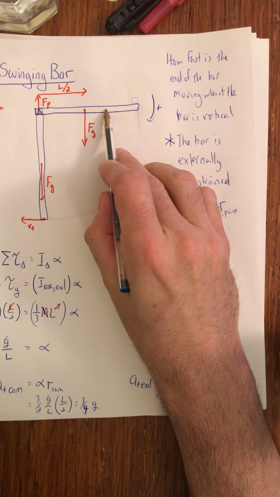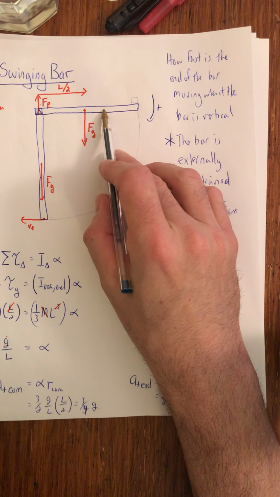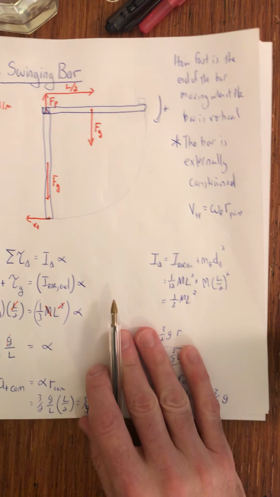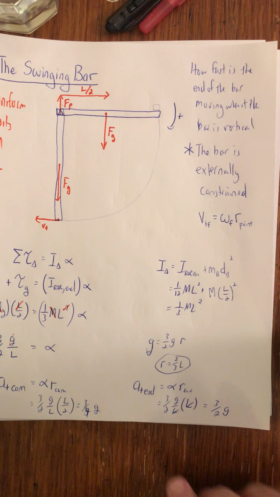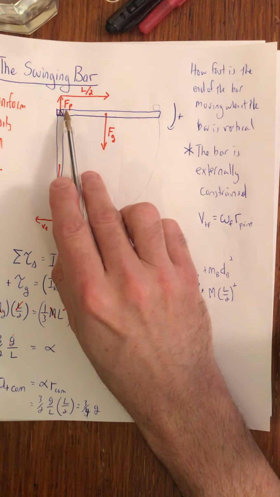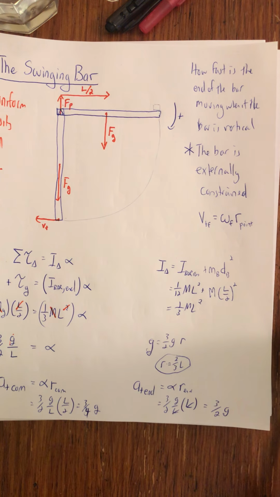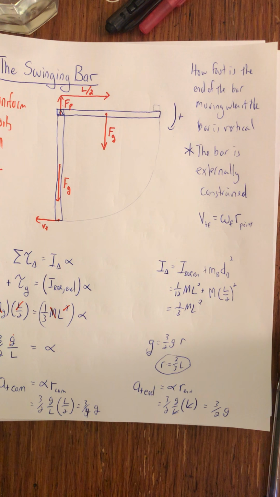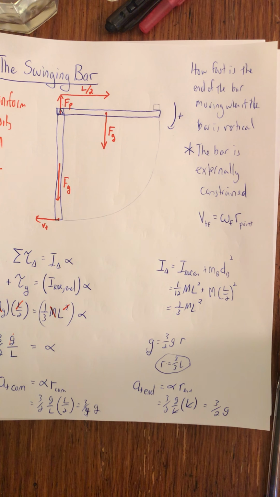So at 2/3 out, this point is actually accelerating at the acceleration due to gravity. I'll come back and talk a little bit later about some implications of that. But that's sort of weird that each point on this has a different tangential acceleration. Totally weird, but the same alpha.